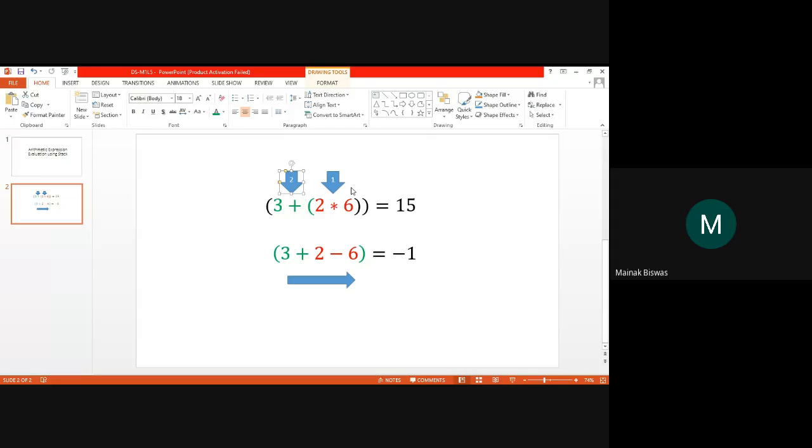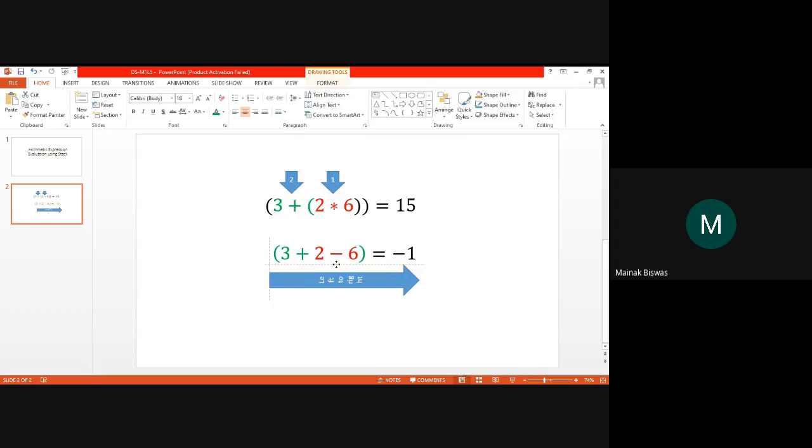The computer doesn't know all these things. Computer doesn't know about priorities. Computer doesn't know about the left to right precedence. Computer doesn't know all these things, right?